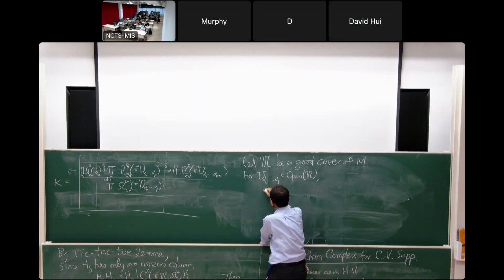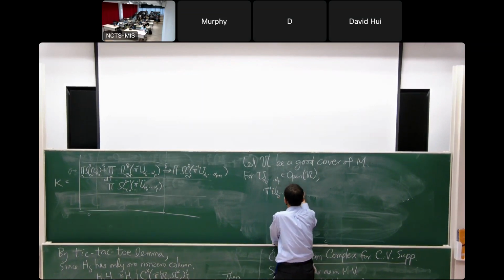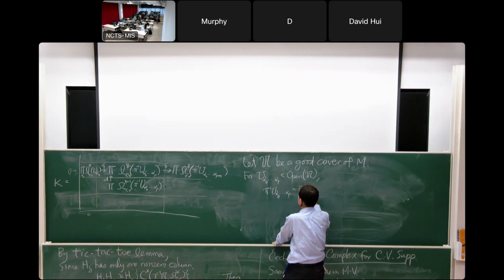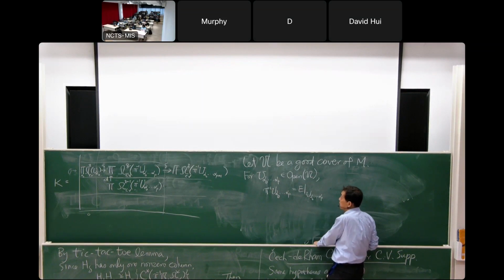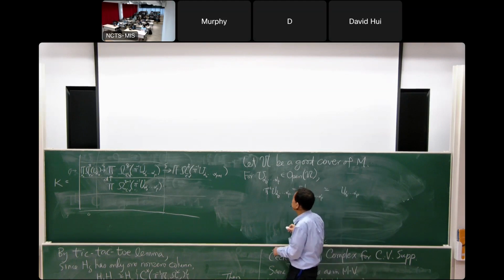You know that pi inverse, well, that's E restricted to this open set. And because the open set is diffeomorphic to R^n, this is a product. Oh yeah, we did this earlier.